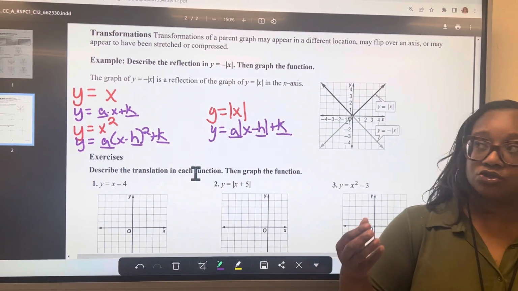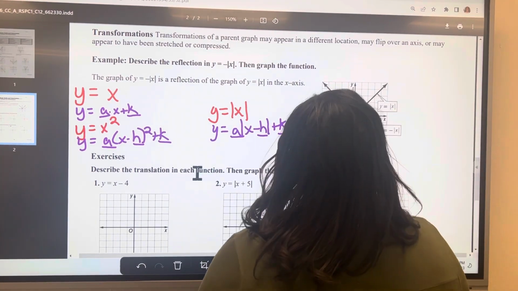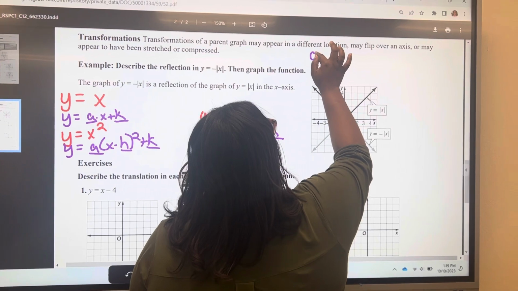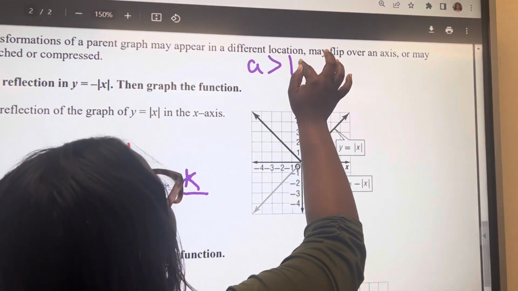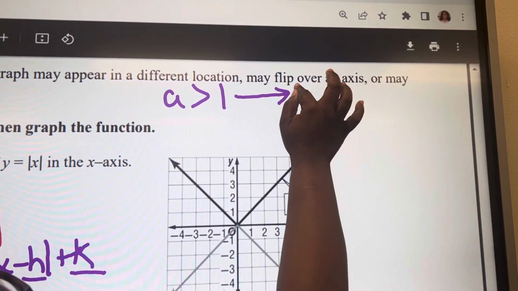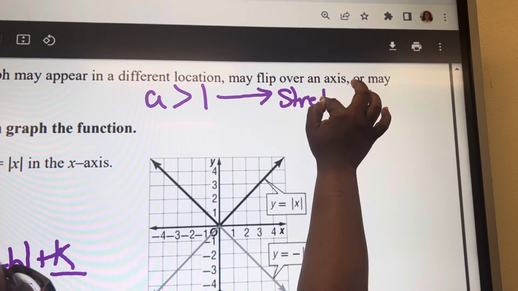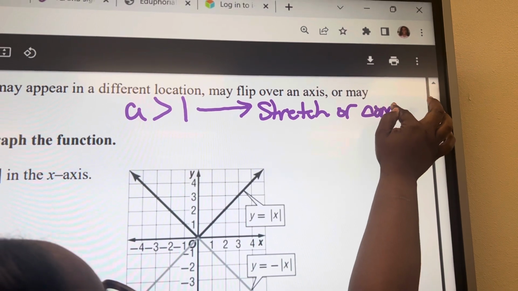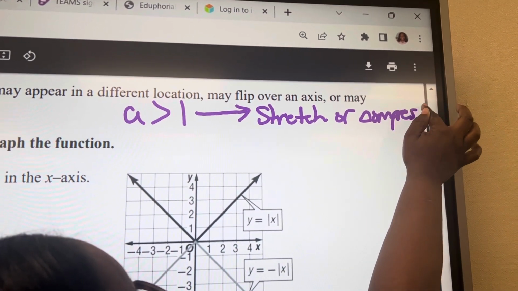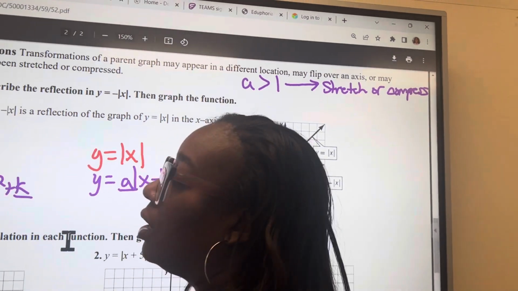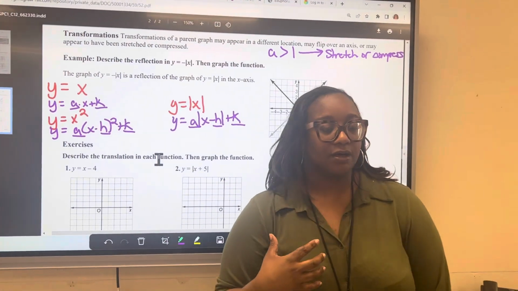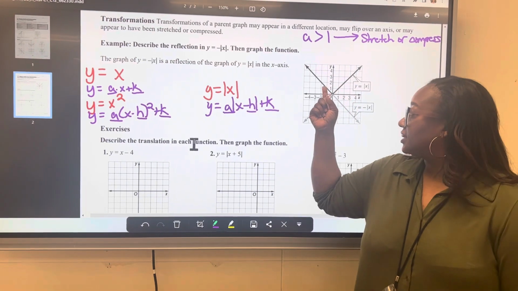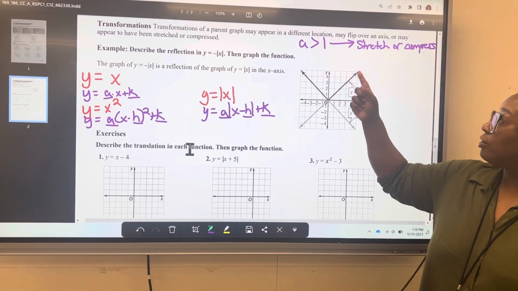What happens to those graphs? All right, so I'm going to write it over here. If a is greater than 1, it's going to actually stretch it or compress it. And I'm going to explain to you what stretch and compress means. So think of me. If I'm a V-shaped graph or if I'm a U-shaped graph, I'm going to take this picture right here and I want to stretch it.